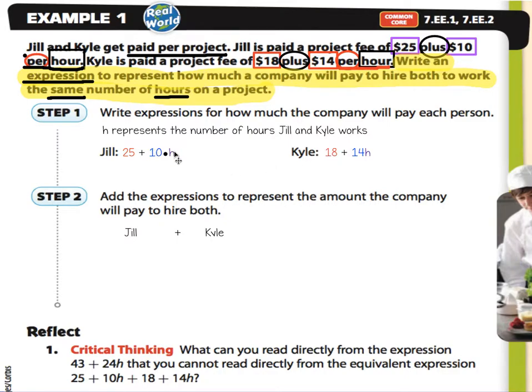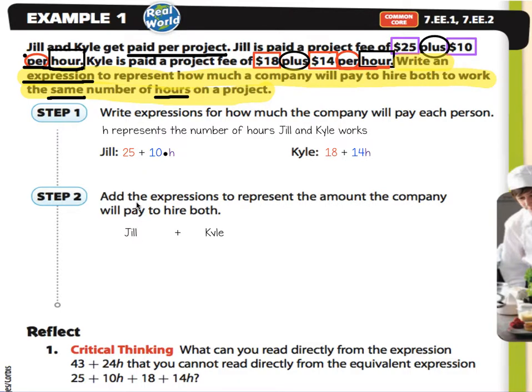Okay, so that's really important to understand: when our number is going to be the same for both entities, in this case Jill and Kyle, then the variable can be the same. But when it's going to be different, the variable has to be separate. It has to represent the different numbers, the different pieces.